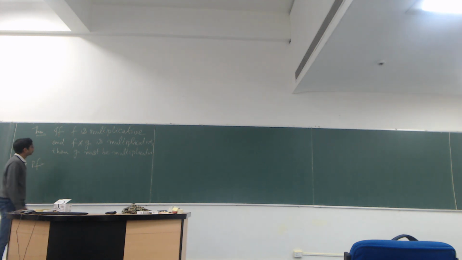That is the proof. We prove by contradiction. That is, we assume that G is not multiplicative, and then we will proceed to show that if G is not multiplicative, this cannot be multiplicative.